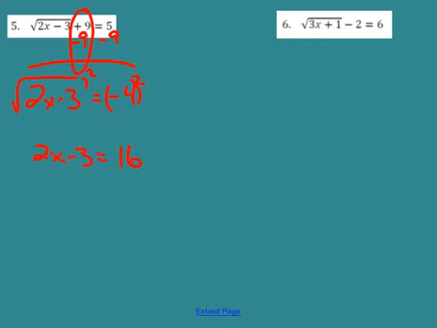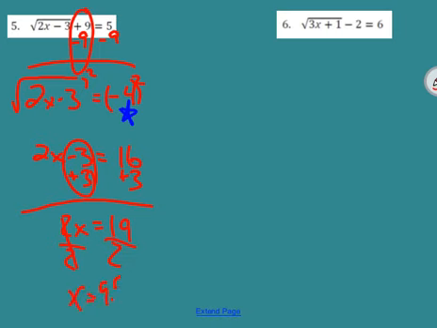Now, you guys all get this wrong because you have to know a negative times a negative is a positive no matter what. At this point, I could add 3. You get 2x equals 19. Divide by 2, and x equals 9.5.